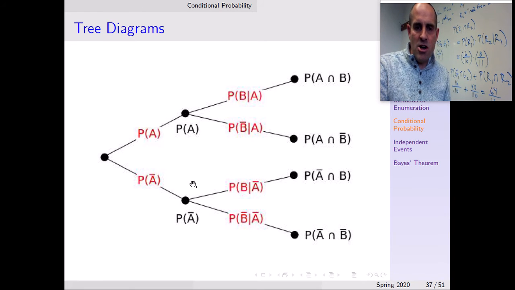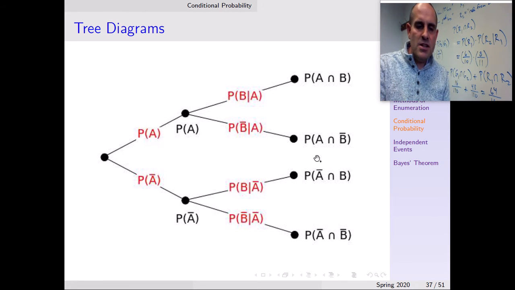And similarly for the other branches: here we have not A and B. Not A happens and then B happens given not A happened. So the probability of not A and B would be the product of these two. Okay, so that's what this little tree diagram is saying.